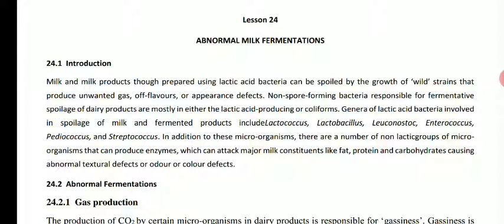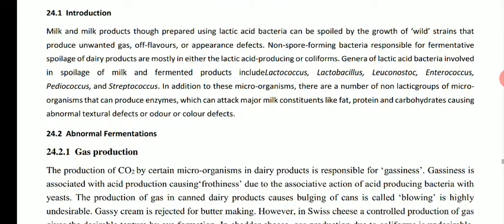In addition to these microorganisms, there are a number of non lactic groups of microorganisms that can produce enzymes which attack major milk constituents like fat, proteins and carbohydrates, causing abnormal textural defects or odor or color defects.